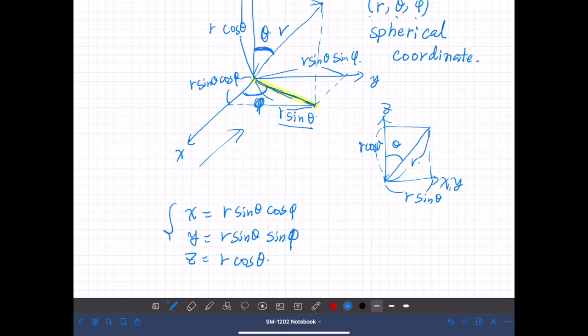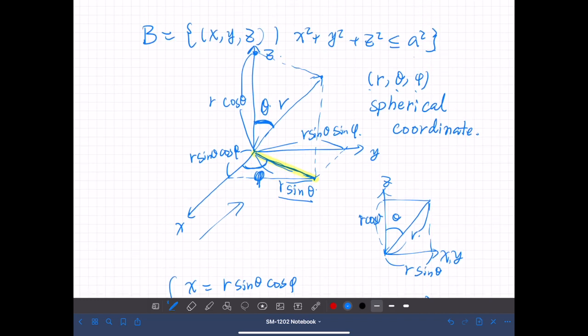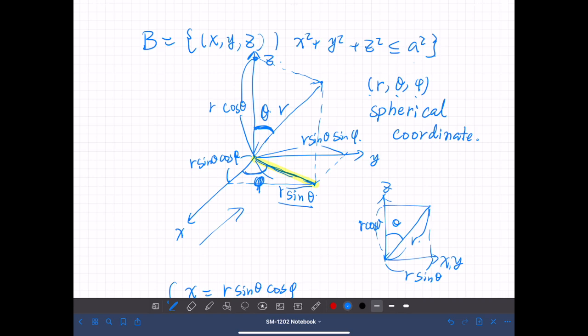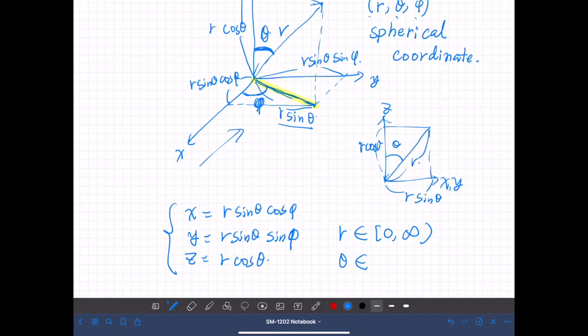Sine phi. And r varies from 0 to infinity. Actually, it should be open. And theta should vary from 0 to pi.